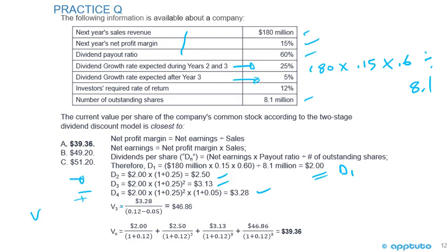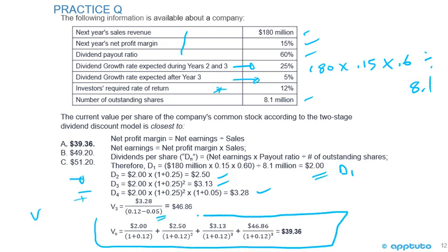And V3 is going to be D4 over K minus G. Don't forget we're using the new growth rate always, and they're giving us the investor's required rate of return. So I'm not going to bring up the calculator and crank through all this in the interest of time, but you can see I think it's becoming fairly easy. Here's my D1, which we calculated, because again, this said next year's sales.